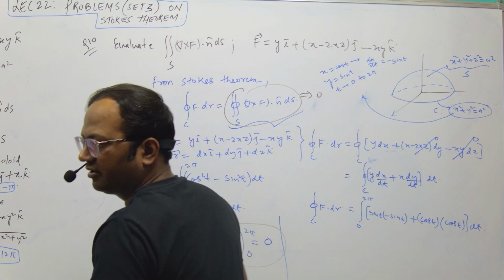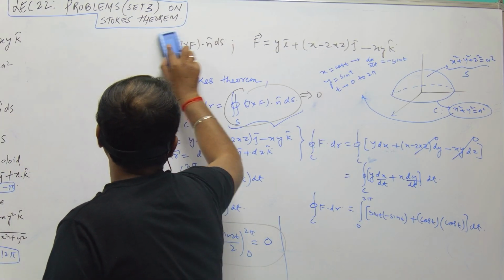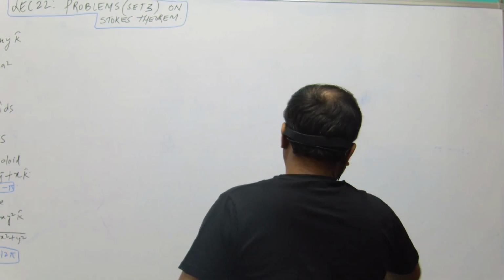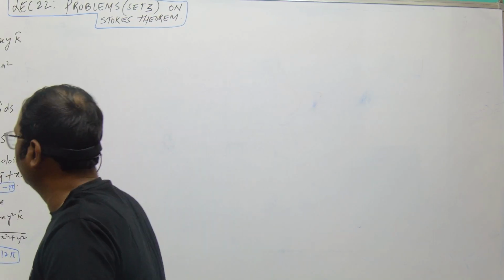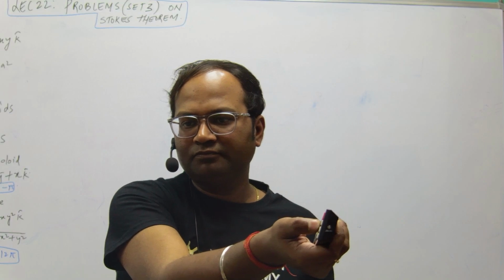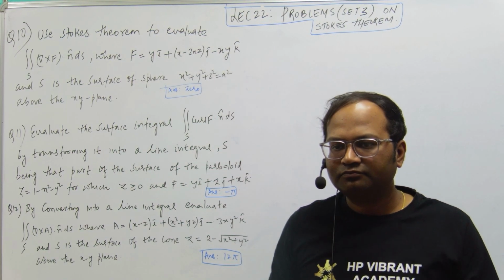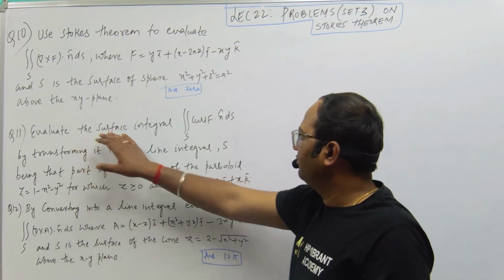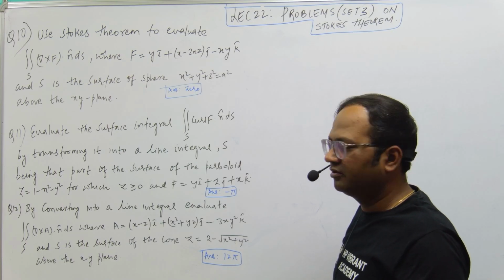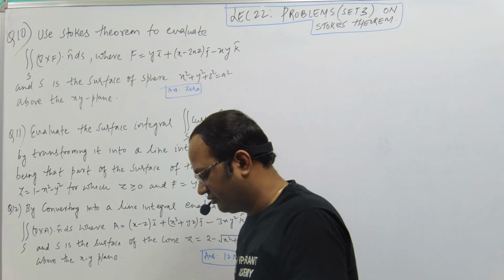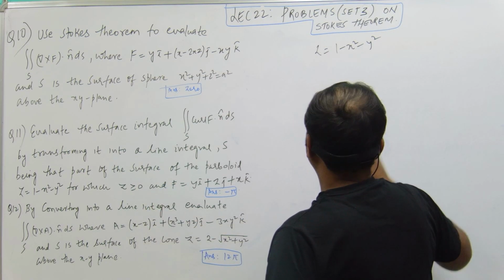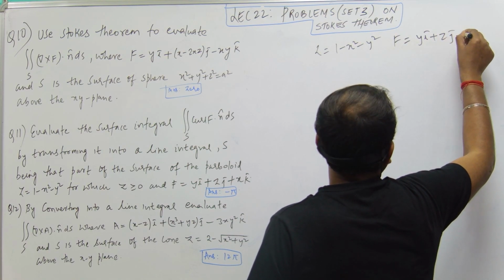Now let us discuss question number 11. In question number 11, we have to evaluate the surface integral of curl of F dot n cap dS by transforming it into a line integral, where S is a part of the surface of the paraboloid z is equal to 1 minus x square minus y square, for which z is greater than 0, and the value of F is given as y i cap plus z j cap plus x k cap.